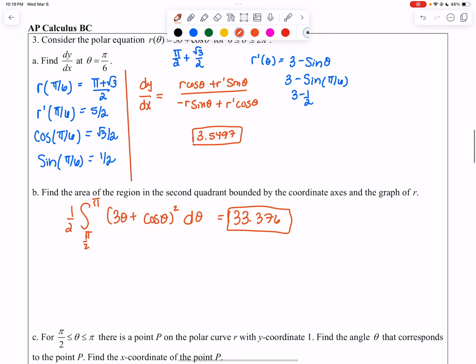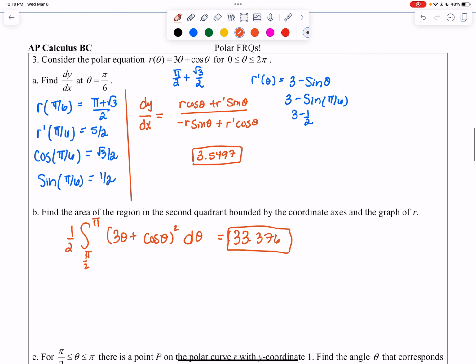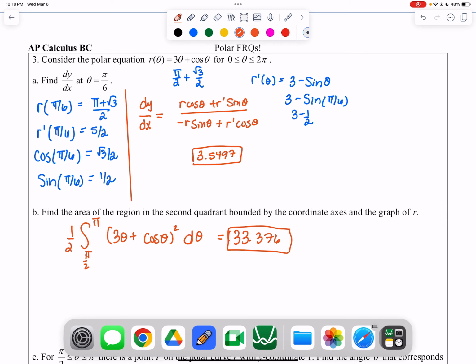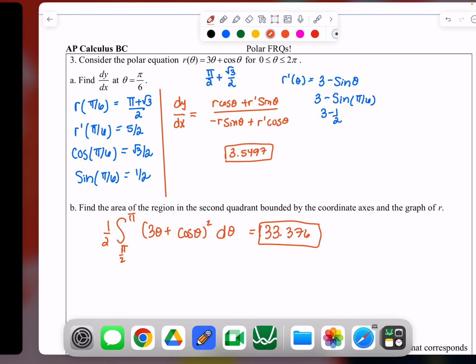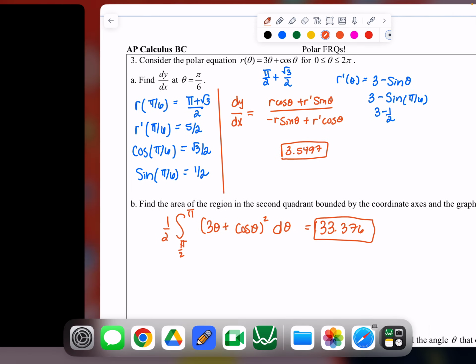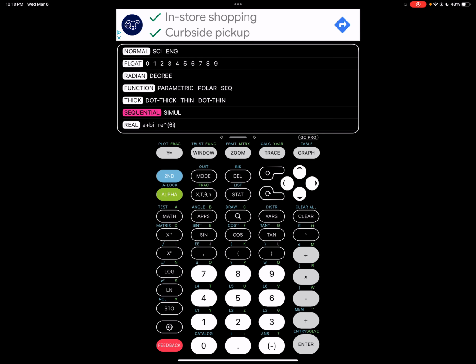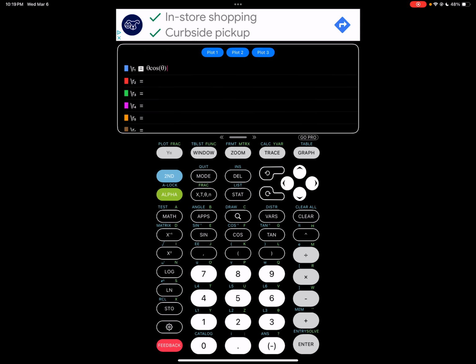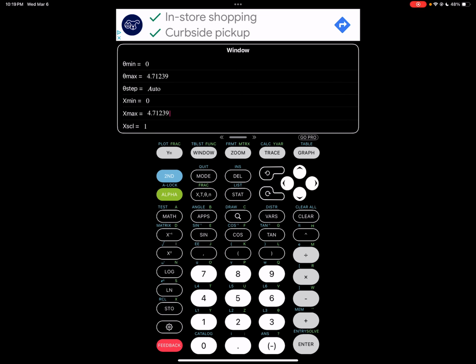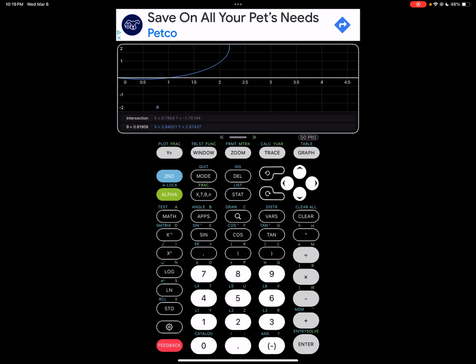Now, what I'm also going to do here is actually put this in my handy dandy calculator so that we can look at that. We have mode, polar, erase that, 3 theta plus cosine of theta, and changing my window because this is from 0 to 2 pi in terms of my theta. Graph it.